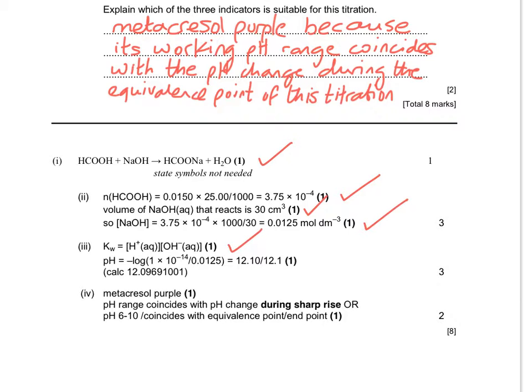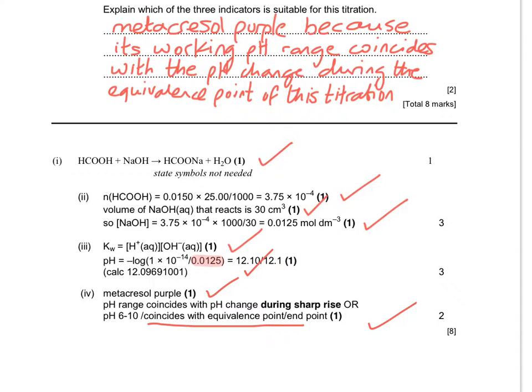We wrote out the Kw expression because the question was hinting at us to do that because it mentioned the value for Kw. We put in the Kw value and worked out what the H+ concentration was, which is now highlighted, which therefore allows us to work out the pH at 12.10. We correctly chose metacresol purple, and we said that its working pH range coincides with the pH change during the equivalence point. So we got that mark as well.